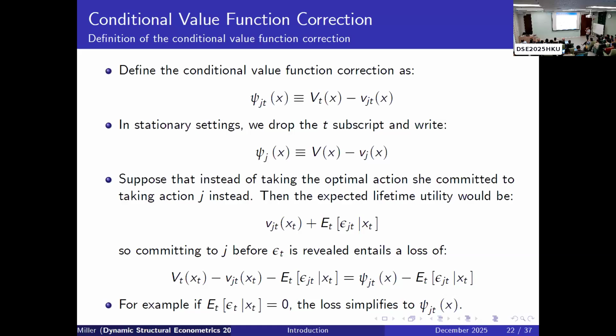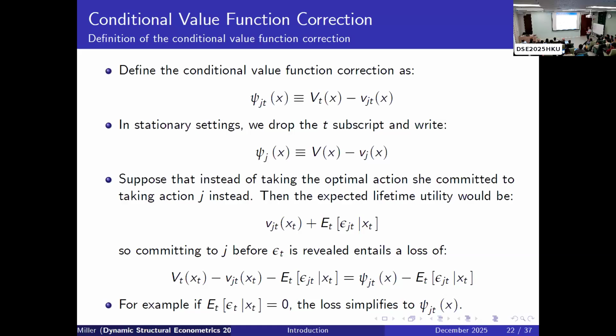And why do I call it a value function correction? We've already seen that taking the jth choice, regardless of what your epsilon is, could work quite well for you if it's optimal to almost take it anyway, or could work out very poorly for you if it's a choice that you wouldn't make ordinarily.